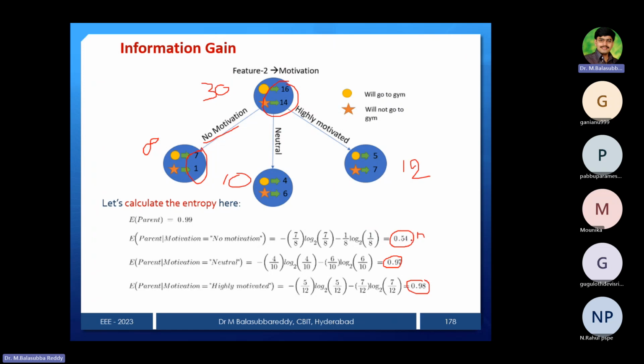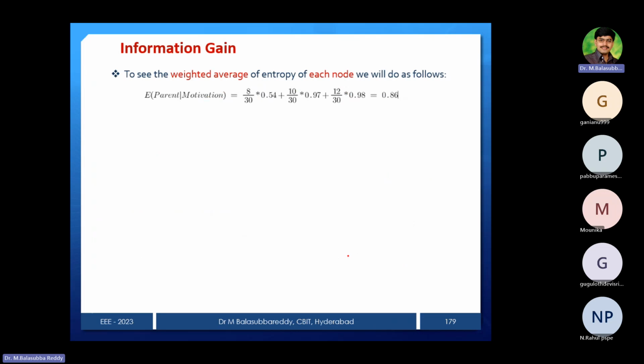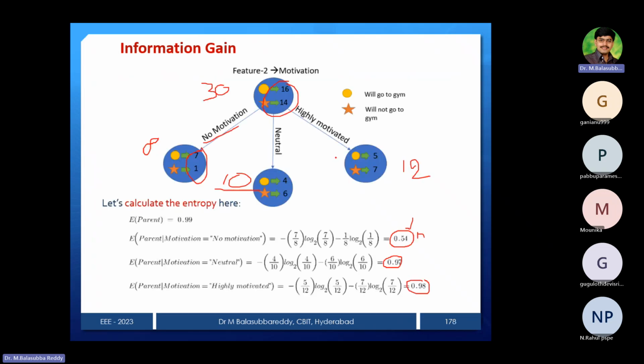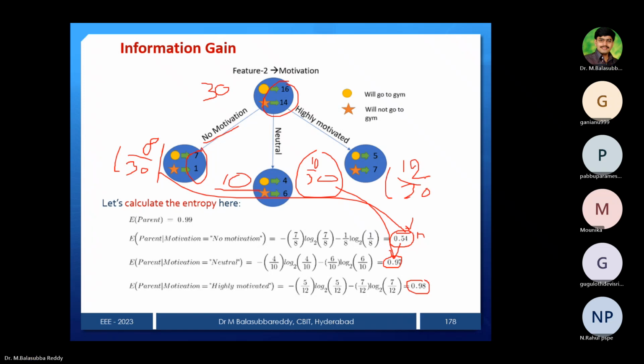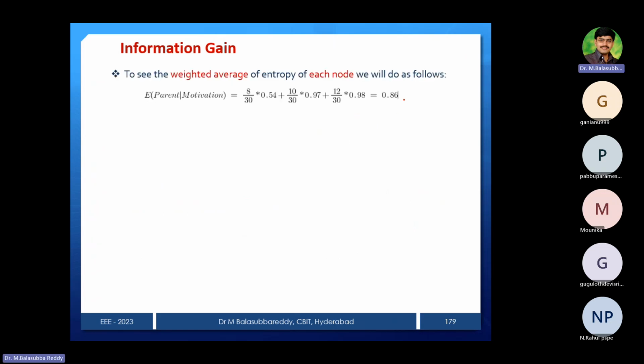We know the entropy value of each. So we multiply 8 by 30 with the no motivation entropy, plus 10 by 30 with the neutral entropy, plus 12 by 30 with the highly motivated entropy. That gives the weighted average, which we got as 0.86.